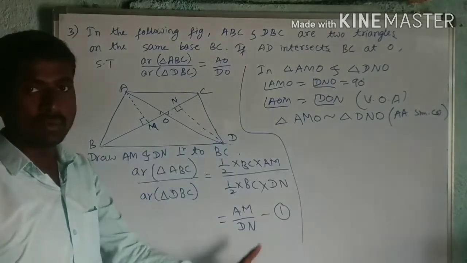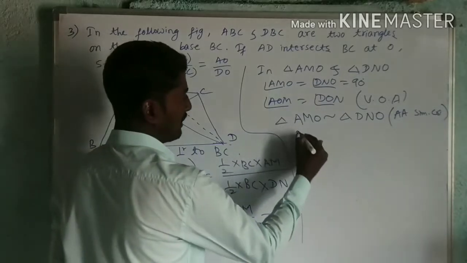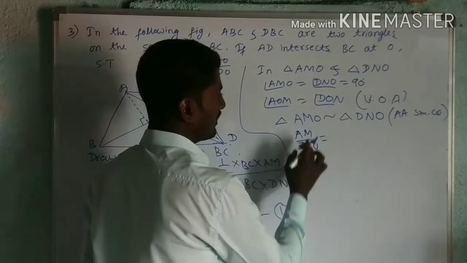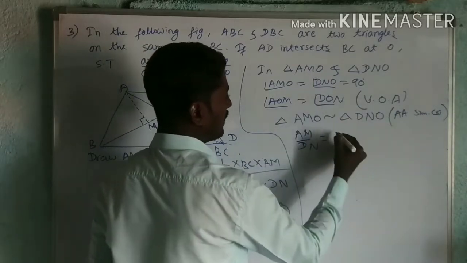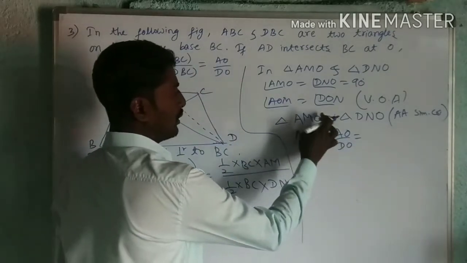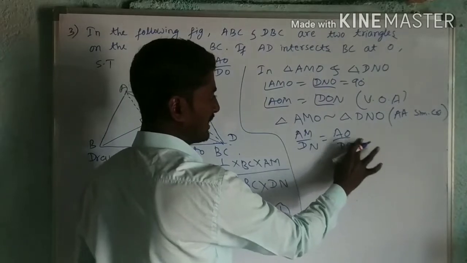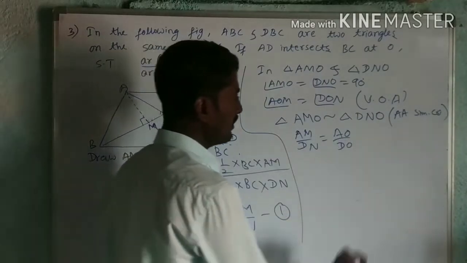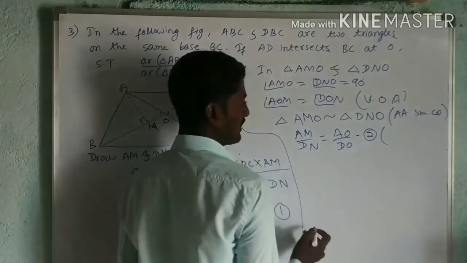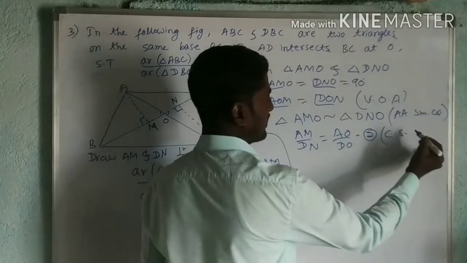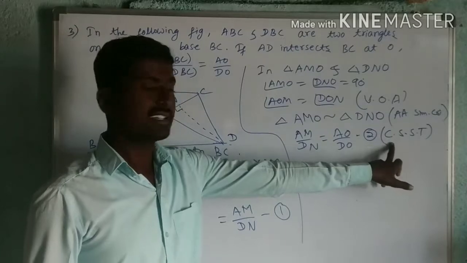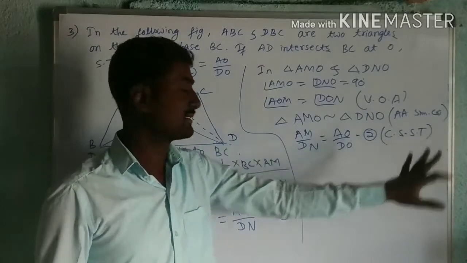So AM divided by DN is equal to AO divided by DO, which is equal to MO divided by NO. No need to write the last part because I want this only. Now this is equation 2. I have to give the reason: corresponding sides of similar triangles.